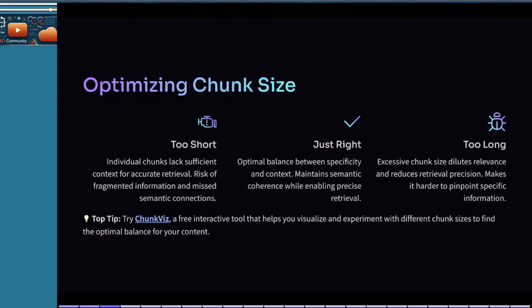And you could have fragmented information. So you could get 5 chunks, and there's a bit of information there, a bit there, a bit there, and there's things in the middle that are missed. And so your model doesn't have the full context. End of the day, all we're doing is text snipping together. So if it's too small, you could end up with that sort of problem.